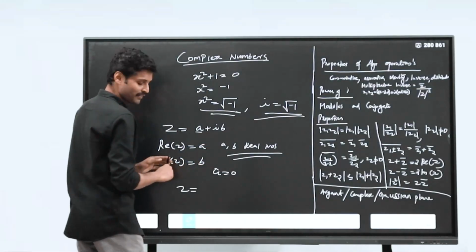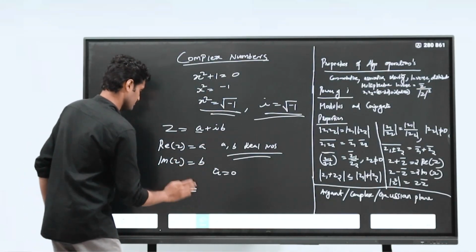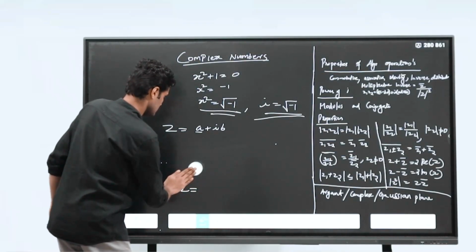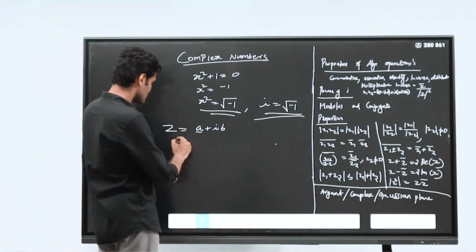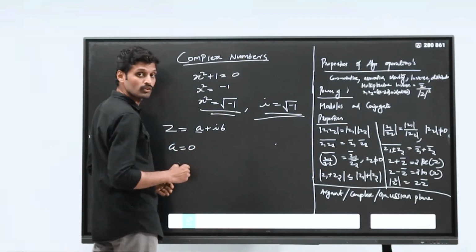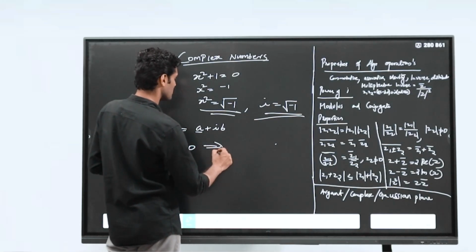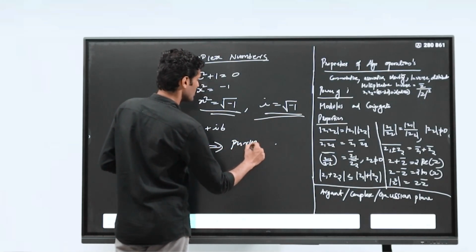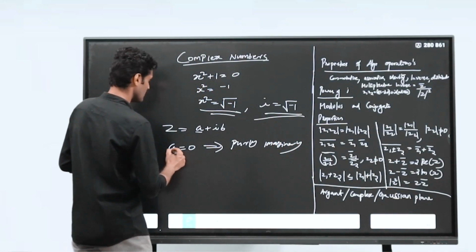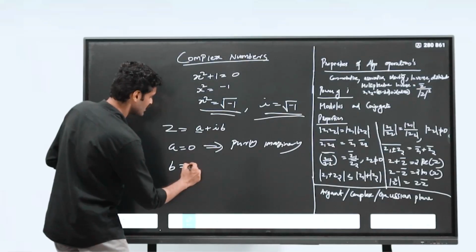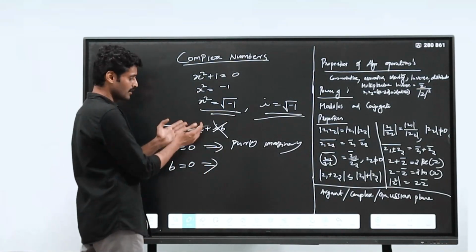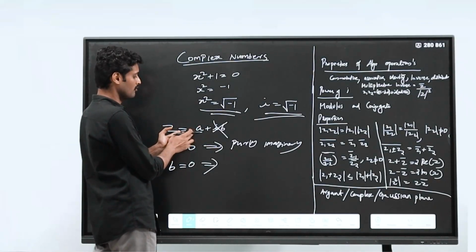If b is 0, the imaginary part will not exist, that is, only the real part will exist.